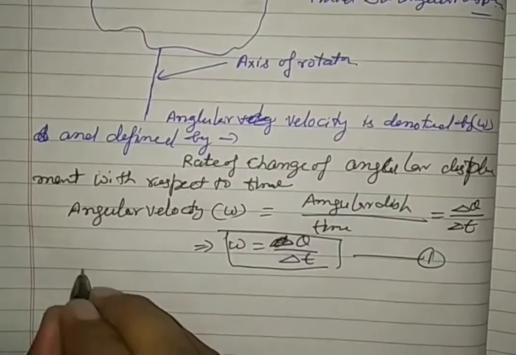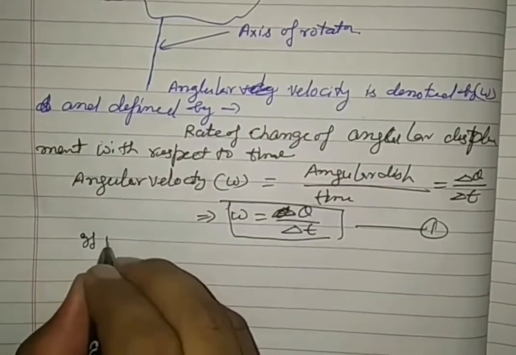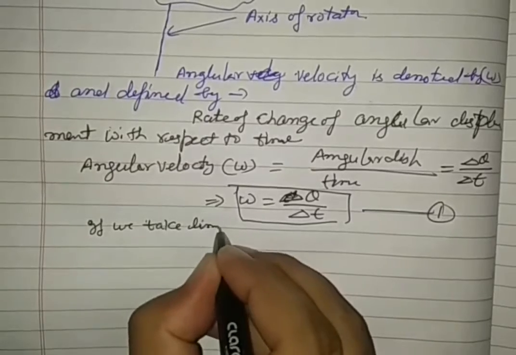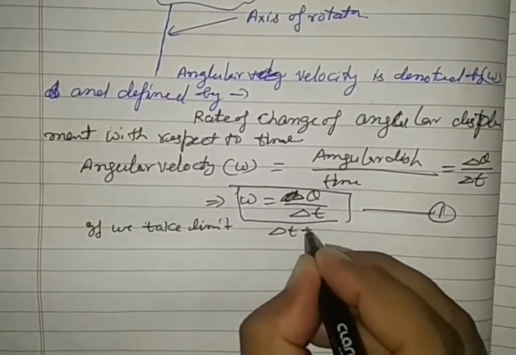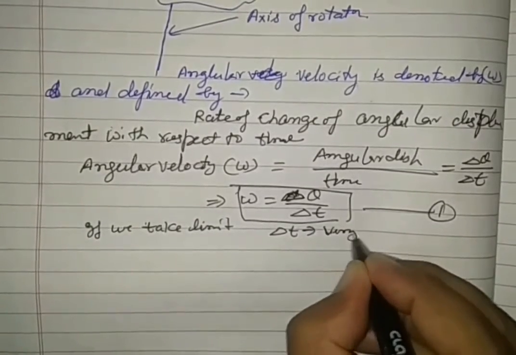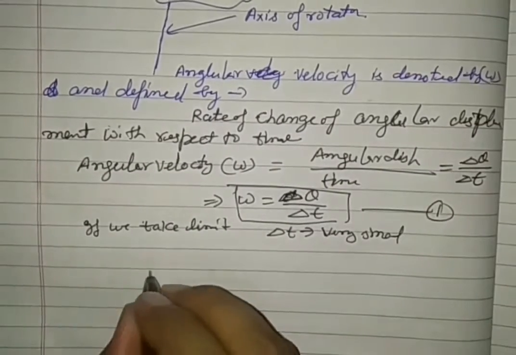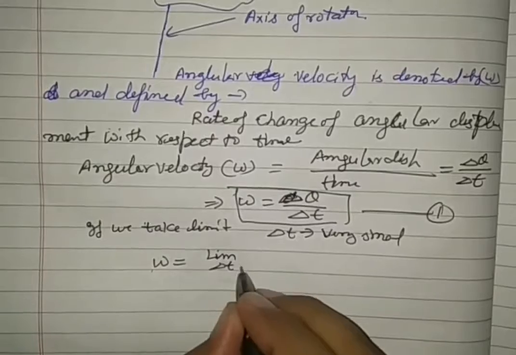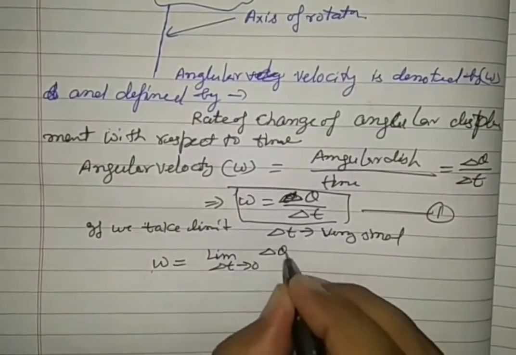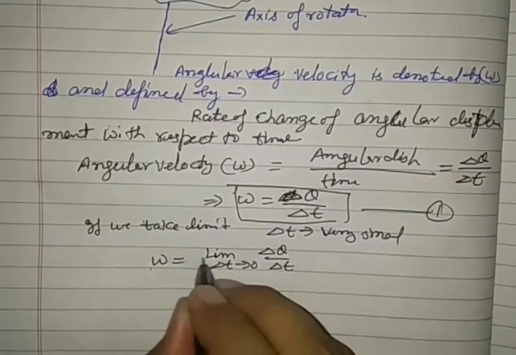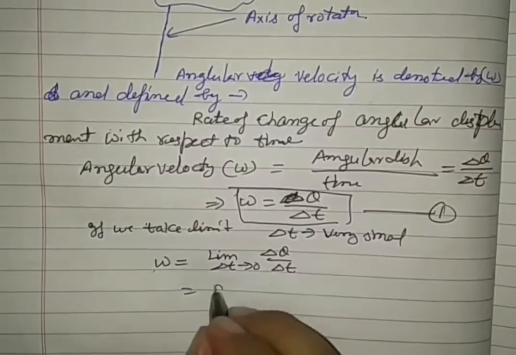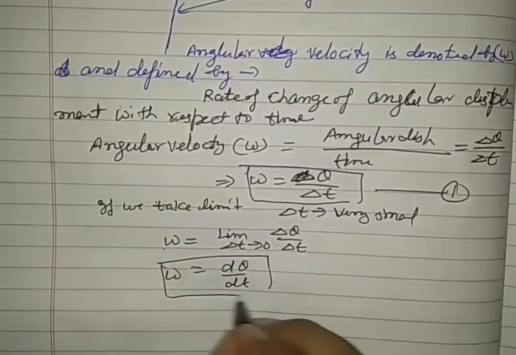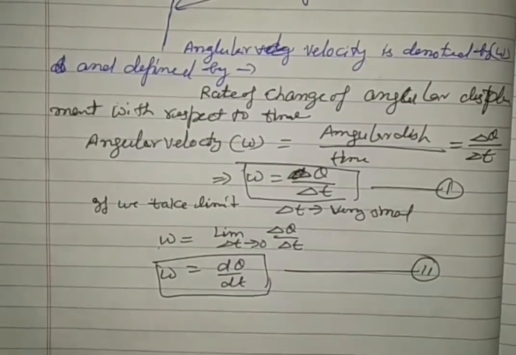Now, if we take a limit when delta t is very small, omega can be written as the limit delta t tends to 0 of delta theta by delta t, and this is equal to d theta by dt. This is omega, represented by equation number 2.